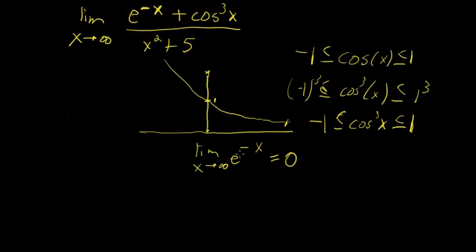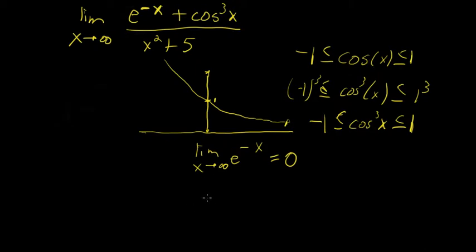So we looked at the limit as x approaches infinity of e to the negative x. When we're considering this limit as x approaches infinity, we can really restrict ourselves to positive numbers.